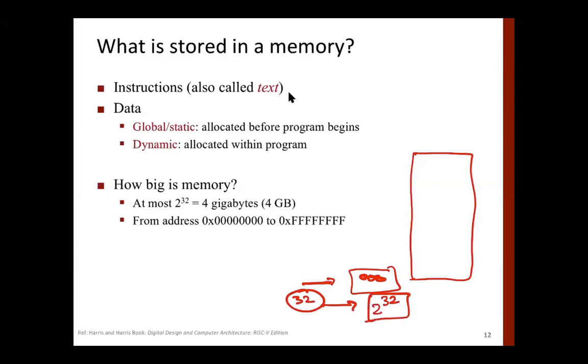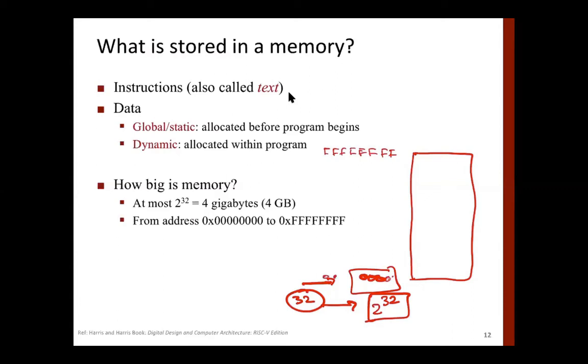If you have a 32-bit address, then 2 raised to the power 32 locations you can address, which will start from 0000 to FFFF, and so on. This will be 8 times F, and this will be 8 times 0.